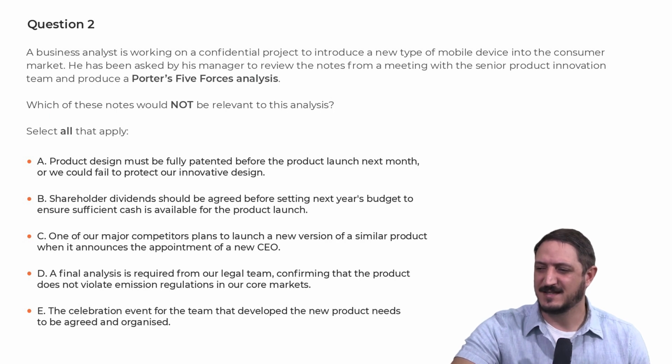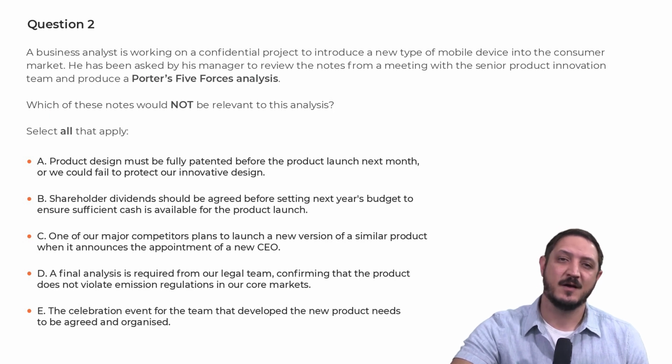The statement is about the budget and money and cash. It is about the product, but it's got nothing to do with competition. So this could be from a PESTLE analysis, possibly one of the economic factors, but it's definitely not from Porter's 5 forces.